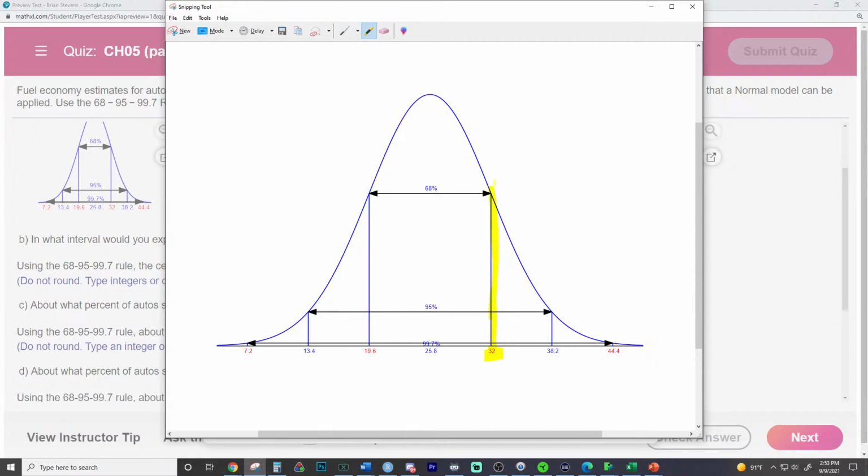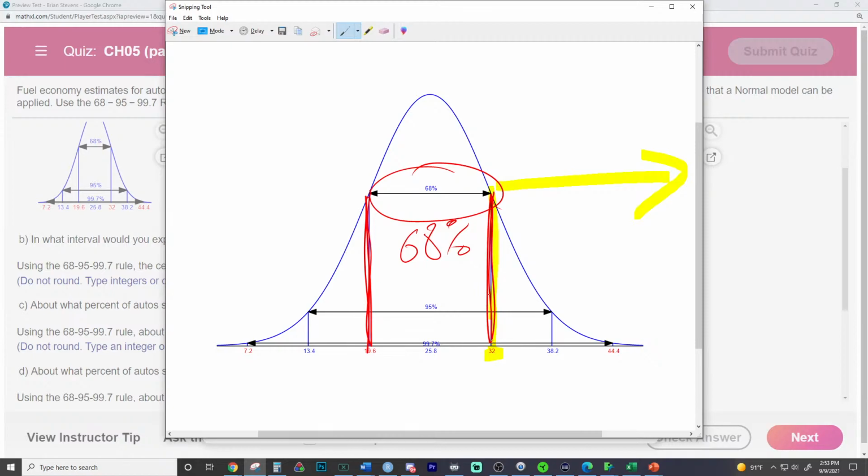So do your drawing. And then think about, we know inside of here is 68%. So we want this shaded area here. We want above 32. So what does that look like?